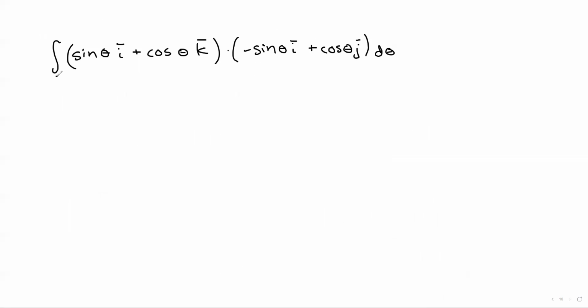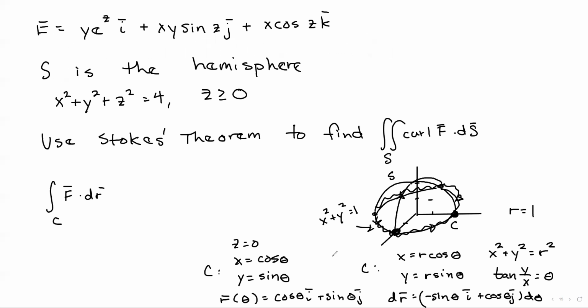And then our theta values to go all the way around the circle are 0 to 2 pi. If we go through and dot these, we're going to get negative sine squared theta. All right, and let me check, because, of course, my notes disagree with that. So we've got cosine theta.